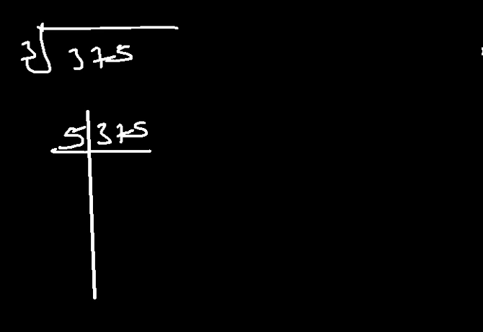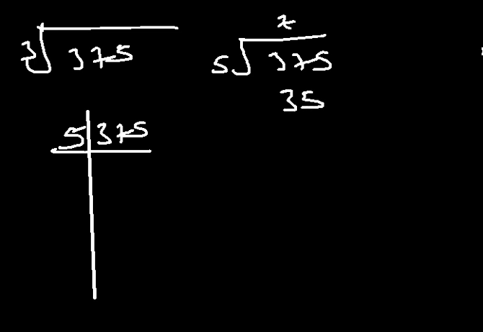What is 375 divided by 5? 5 into 37 is 7, and 7 times 5 is 35, minus 35 gives 2.